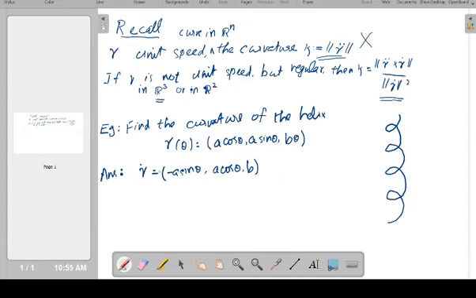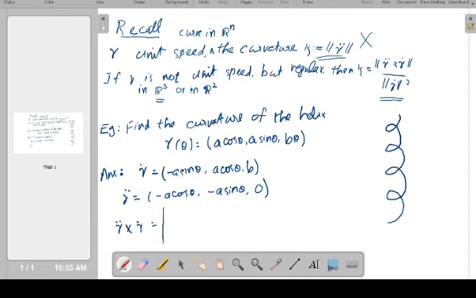So gamma double dot we will find out. Gamma double dot is equal to minus a cos theta, minus a sin theta and 0. Now what are we supposed to do? First let us evaluate gamma double dot cross gamma dot.